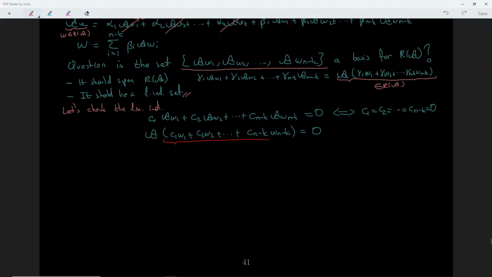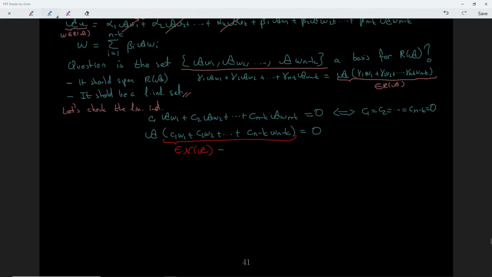I apply the linear transformation A and I get the zero vector, so this has to be in the null space of A, right? By definition. Then, if this is in the null space of A, I can express it in terms of the basis vectors for the null space of A, right?